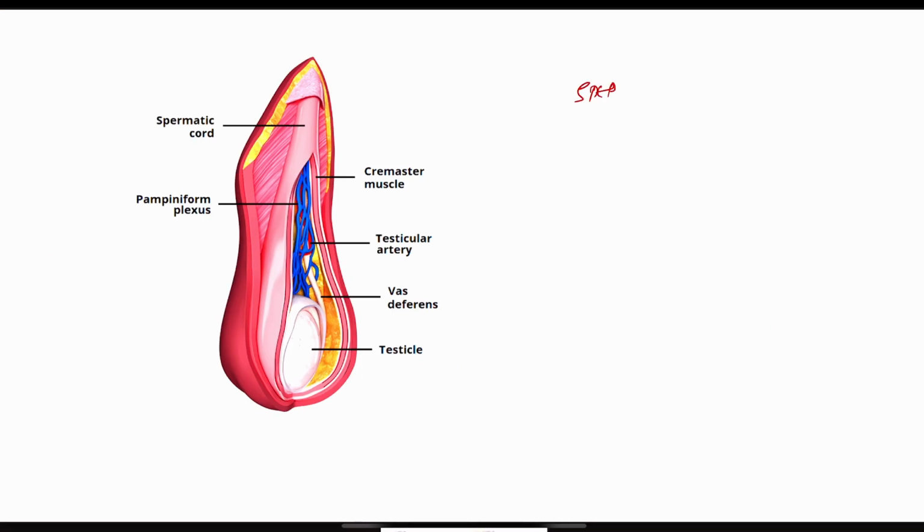A brief discussion about the spermatic cord.